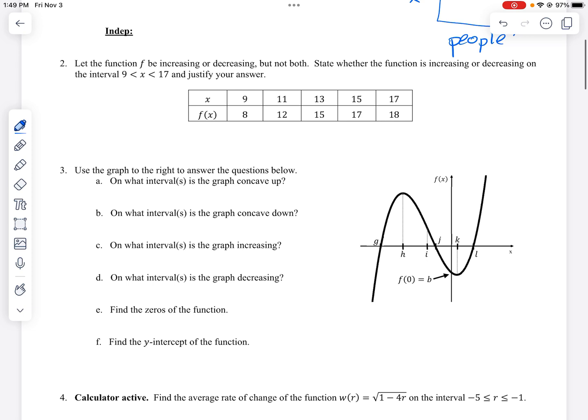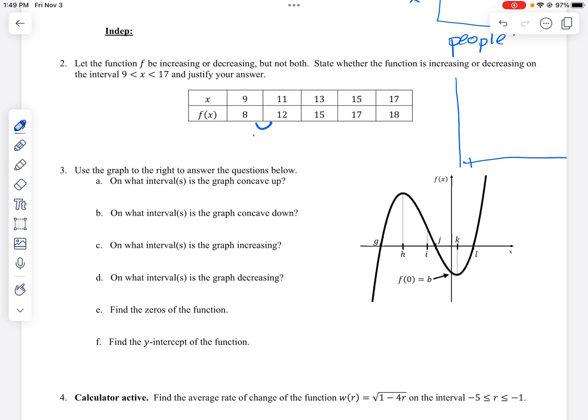So the second one here, let the function f be increasing and decreasing, but not both. State whether the function is increasing or decreasing and justify your answer. Well, let's see, 9 to 11. Let's try and graph this here.